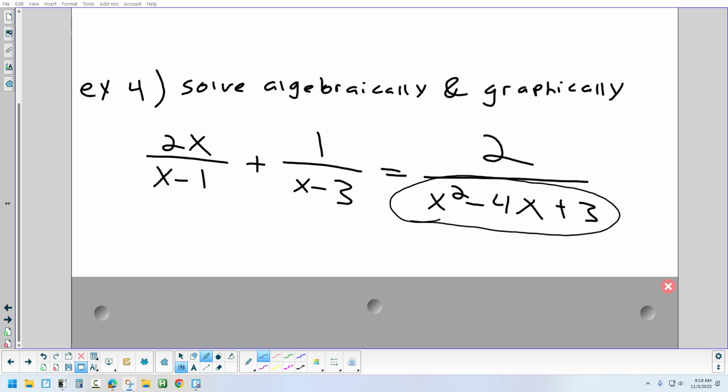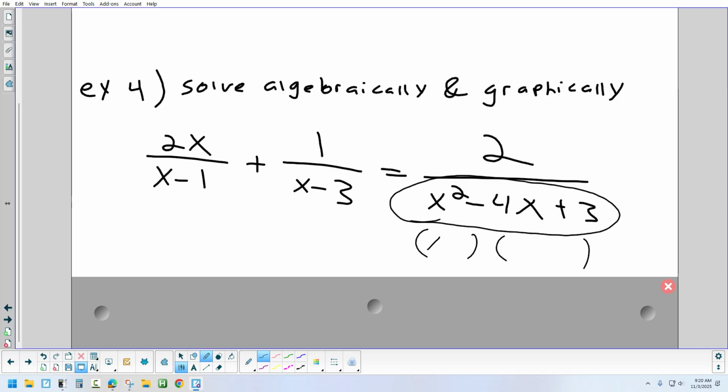All right, let's look at that right-hand side, and let's see if it's like the 15, where it's the product of the other two. So we're going to factor it. How does x squared minus 4x plus 3 factor? X minus 1 and x minus 3.